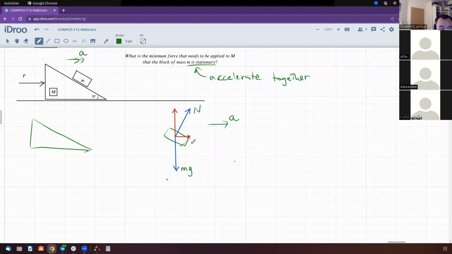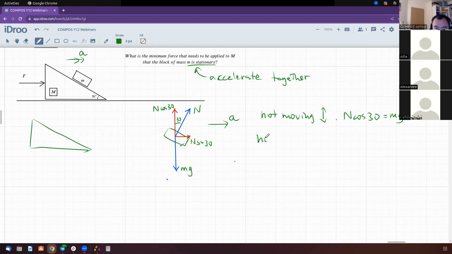So this is going to be N. This is 30. So N sine 30. And this is N cos 30. So because it's not moving up or down, that means that N cos 30 is equal to mg.